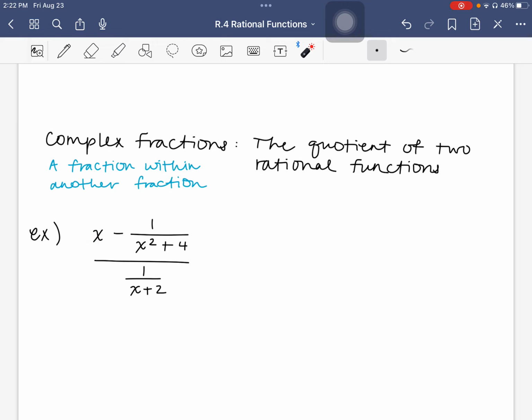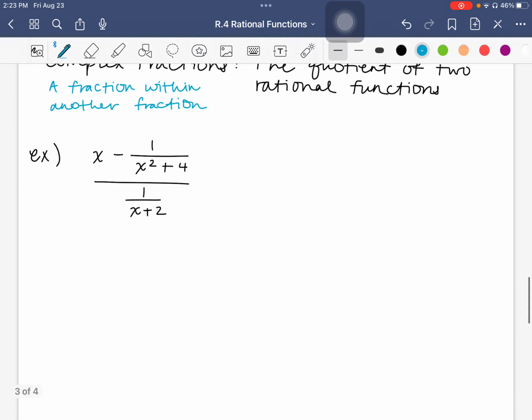But I prefer to work with the numerator and denominator separately. So what I mean is I'm going to look at just this guy, subtract these two, simplify as much as possible, and then divide by this one. So we'll start with doing just that.